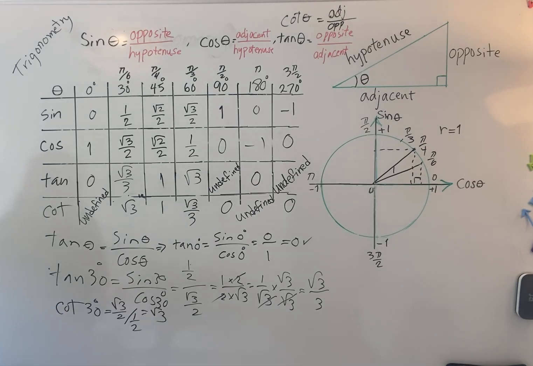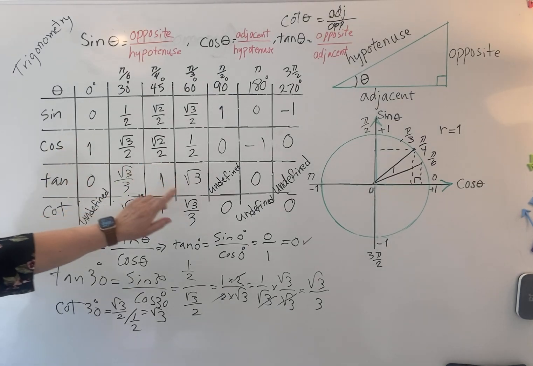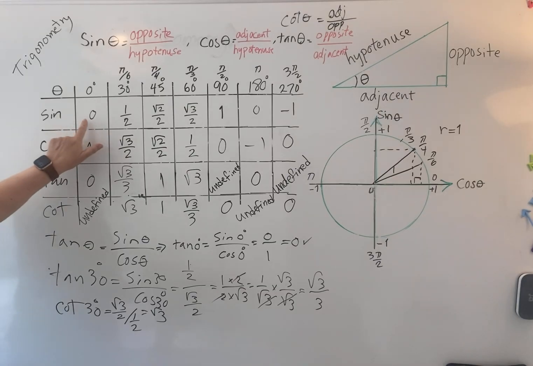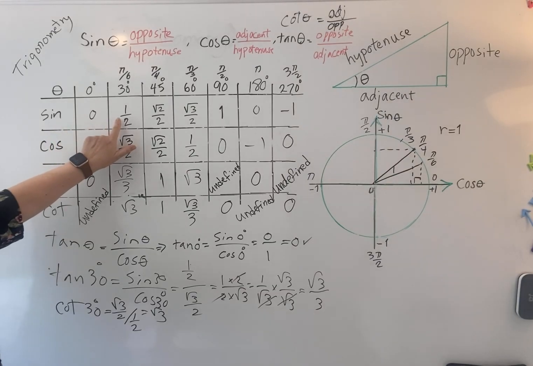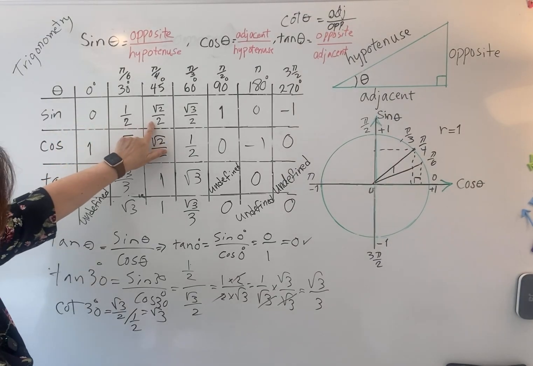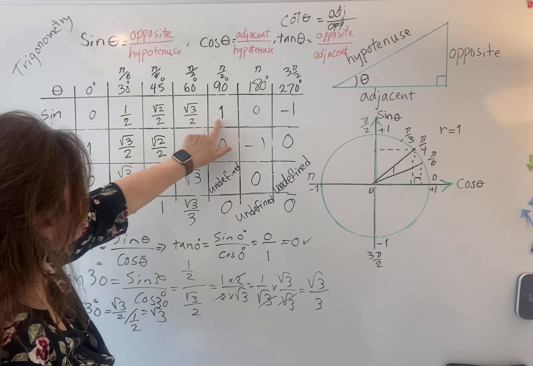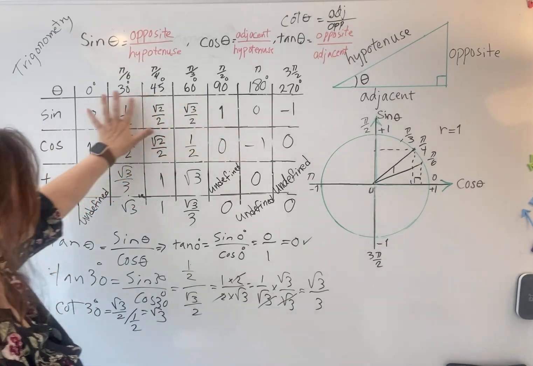You see that. You don't need to memorize everything. Just memorize this one: sine of 0, sine of 30 degrees, sine of 45 degrees, 60 degrees, and sine of 90 degrees. That's it.